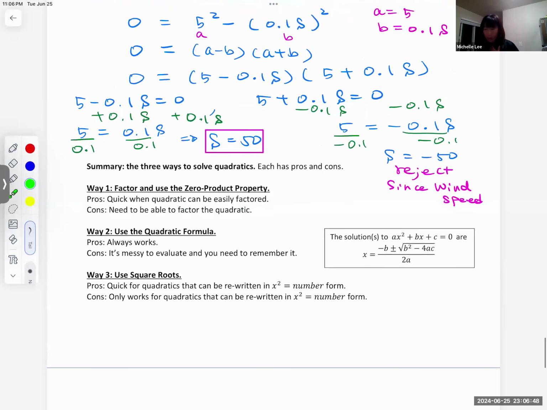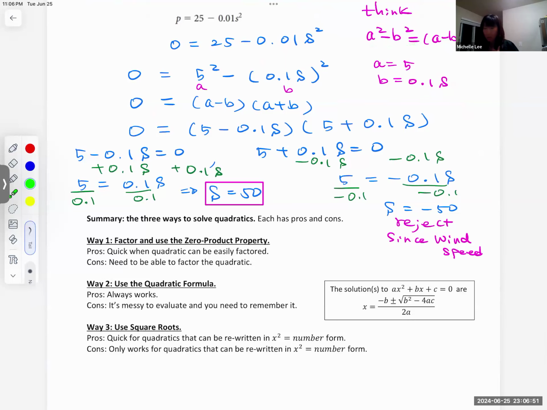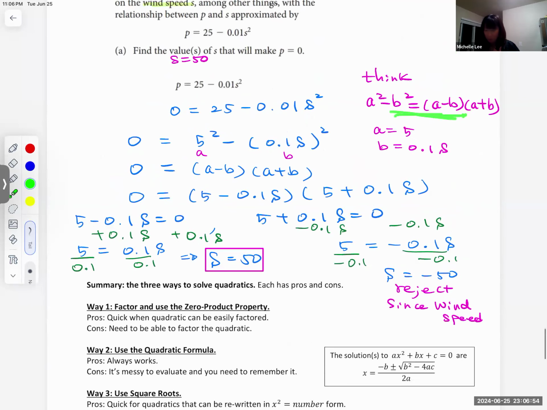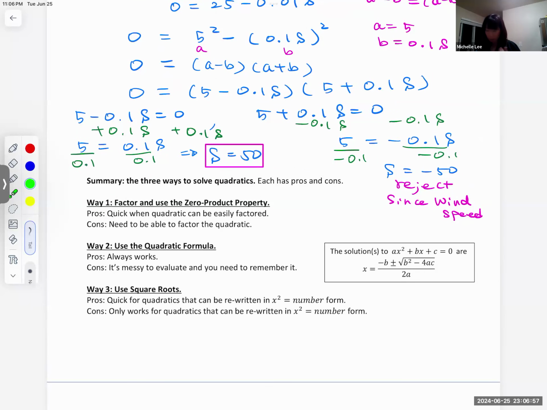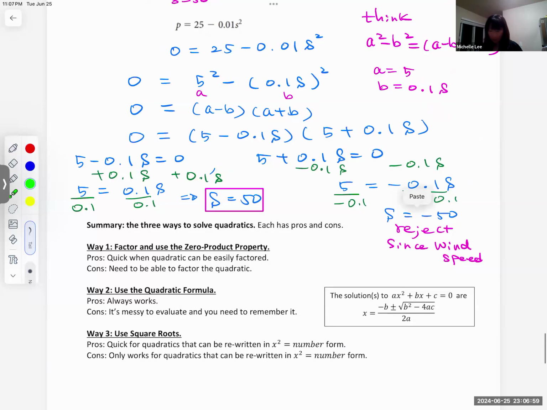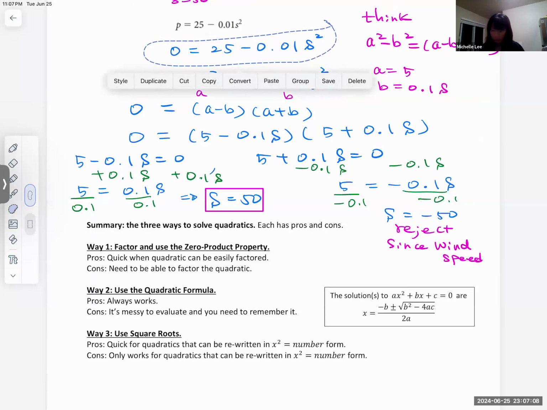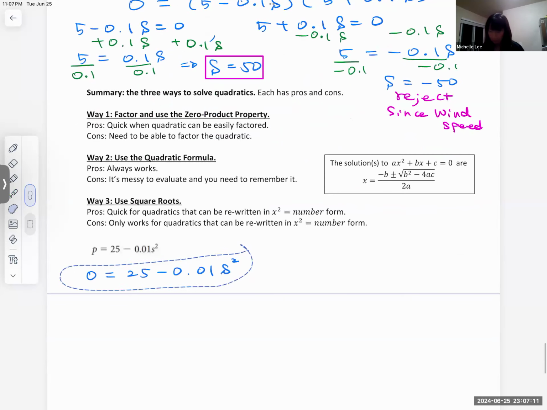Okay. So in that case, I was using the formula. Maybe we can try the x squared equals a number form. So we make one side s squared. We add 0.01 s squared to both sides.